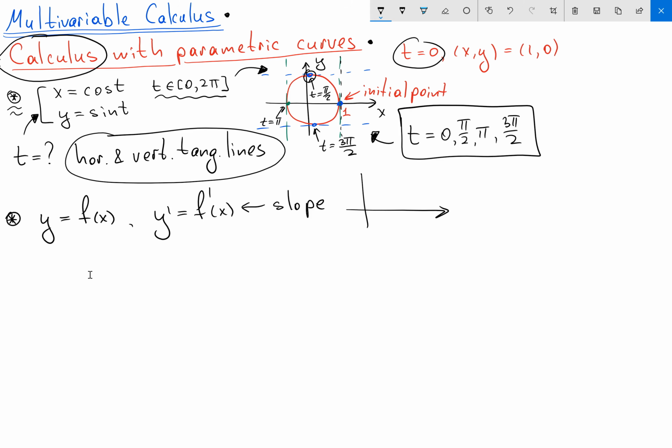So if I have some graph of the function y equals f of x, and the slope equals 0, this is true if and only if f prime of x equals 0, or in other words, if my derivative equals 0.